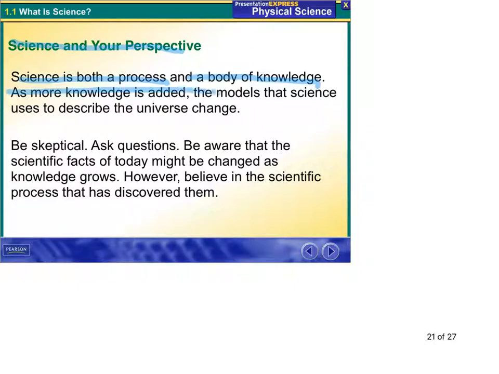So we gain more knowledge, more models, and the models will change. In science, we need to be skeptical, we need to ask questions, and we need to be aware that the scientific facts of today might be changed as we gain more information and knowledge. But the process that discovered them essentially will always stay the same.